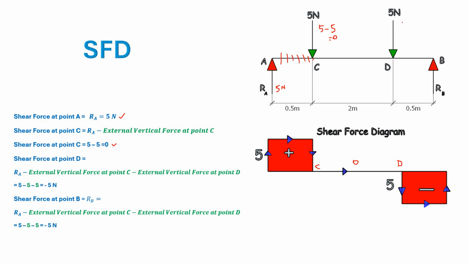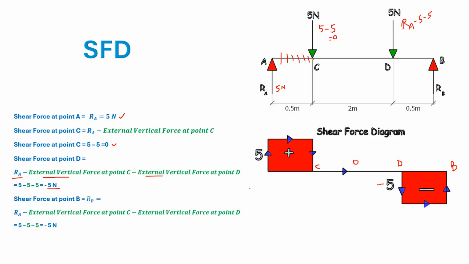Here the shear force is RA minus 5 minus 5. So RA is 5, as you know here, so RA minus external force gives you minus 5 here. So at this location you have minus 5, and this minus 5 continues until reaching this point B.